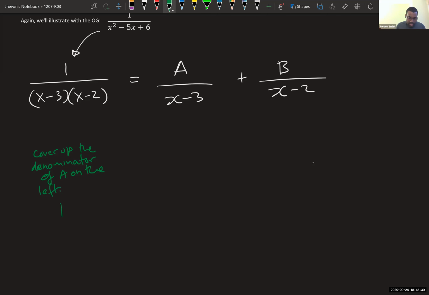Okay, so if I see 1 over x minus 3 times x minus 2, the denominator of a is the x minus 3. I'm literally going to cover that up, right? So you can cover it up with your finger or whatever. Just ignore it, basically, right?